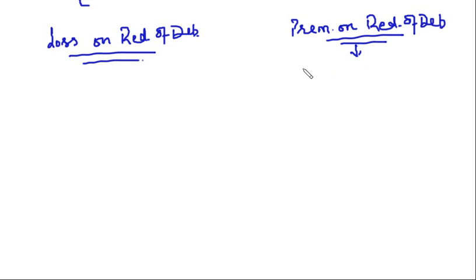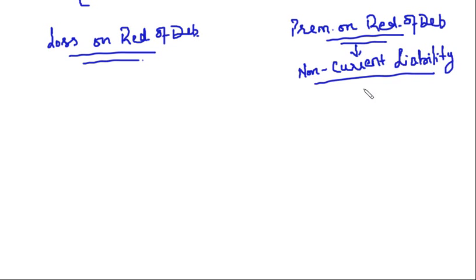So it will be shown as either non-current liability, under which it will be shown as other long-term liabilities, and this you will show in notes to accounts.